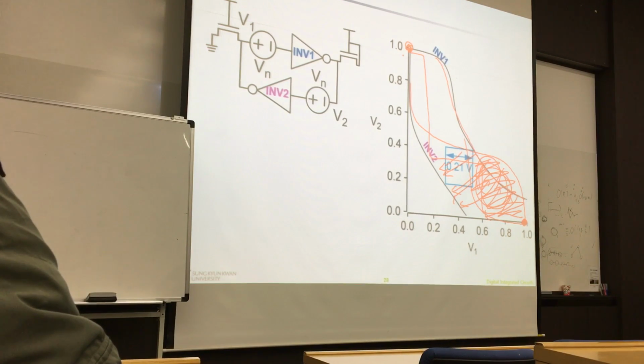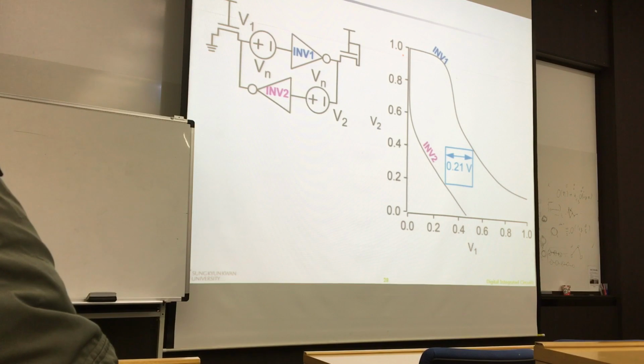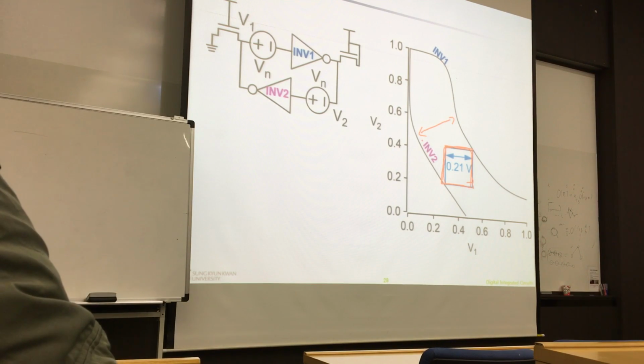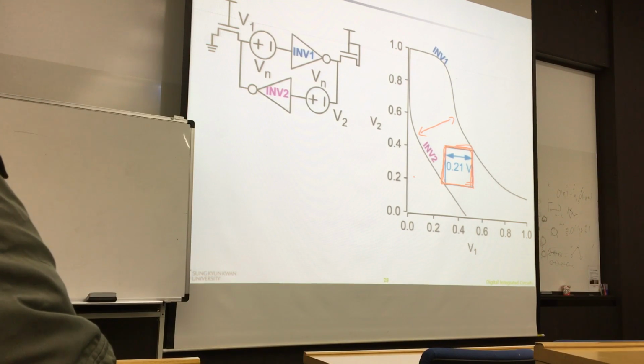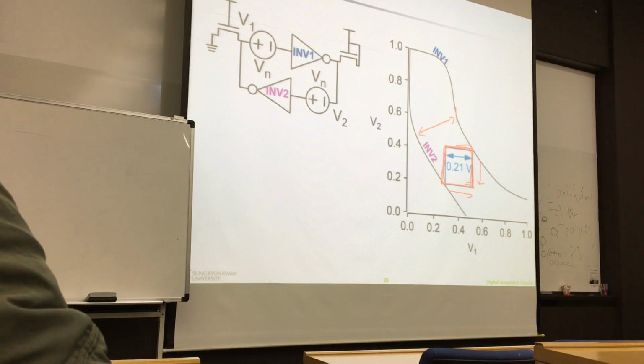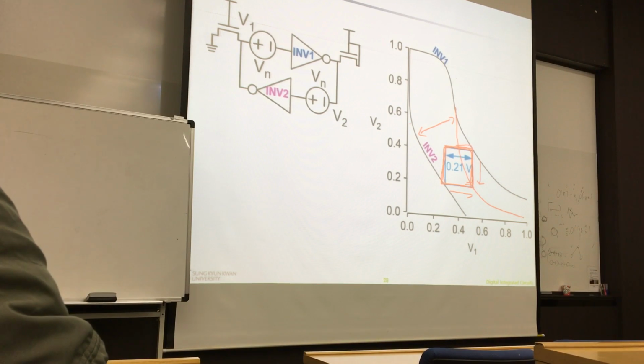So that makes sense. In the write case, in a similar way we can think of the biggest square that fits in this area, and you can think of this as the write noise margin. If you back off by this much and this much, let's say your inverter 1 VTC goes like this, inverter 2 goes like this.